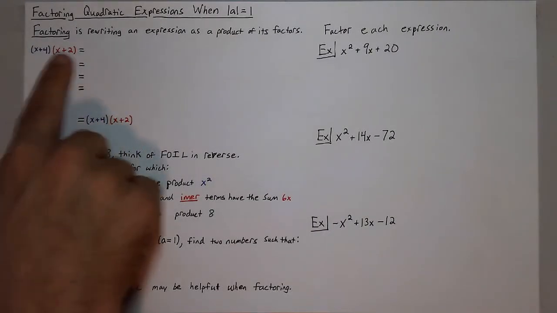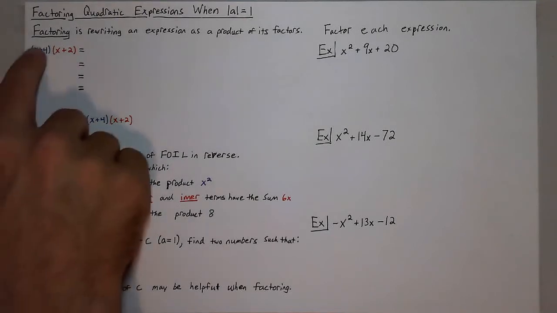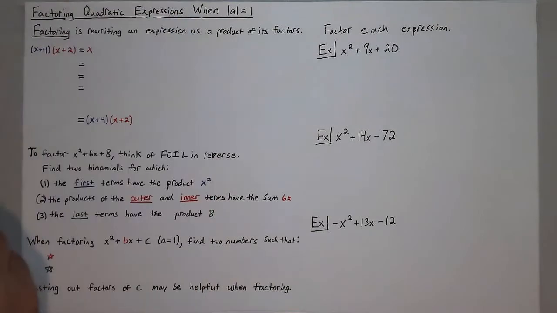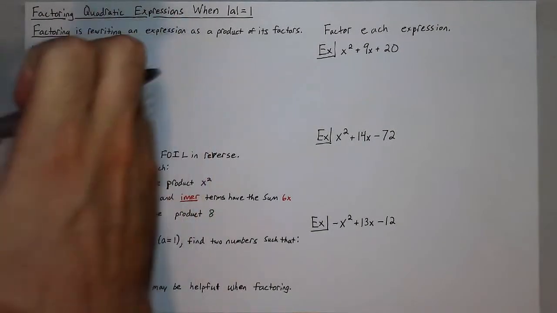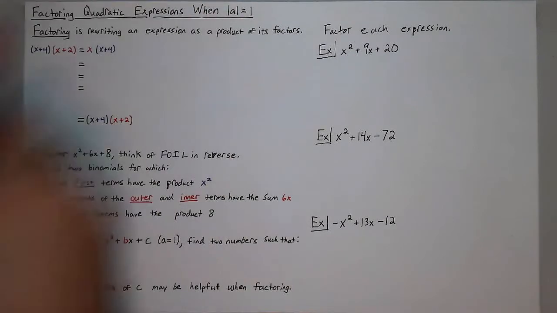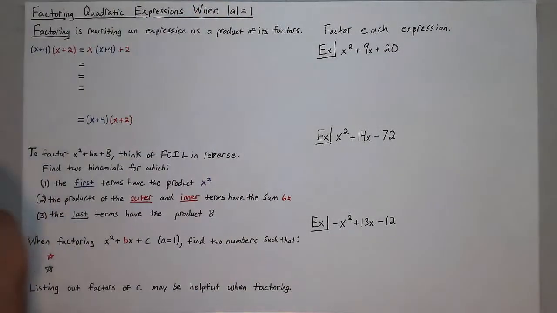So if I were to multiply this out, meaning distribute the x plus 4 in, I would get x times x plus 4 plus 2 times x plus 4.